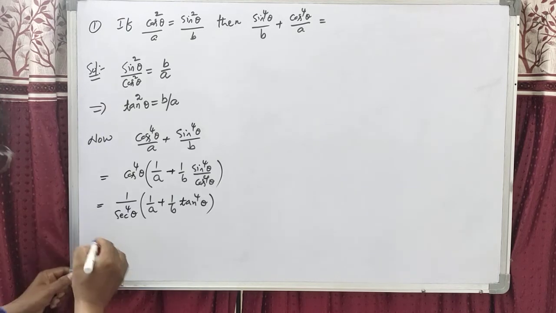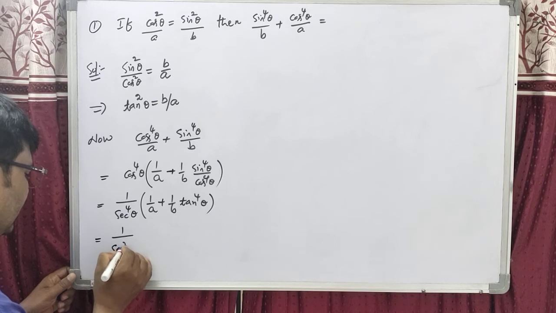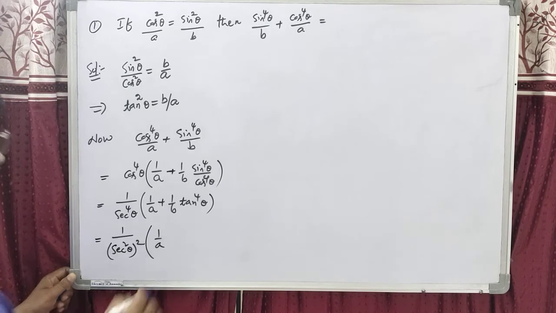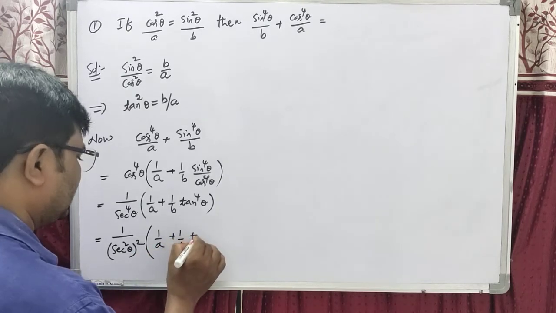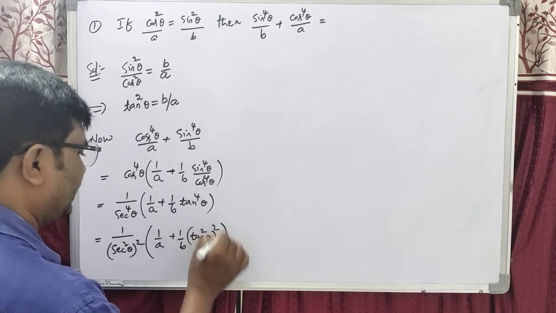Now here, students, we can write this as secant square theta whole square, 1 by A plus 1 by B. This can be written as tan square theta whole square.